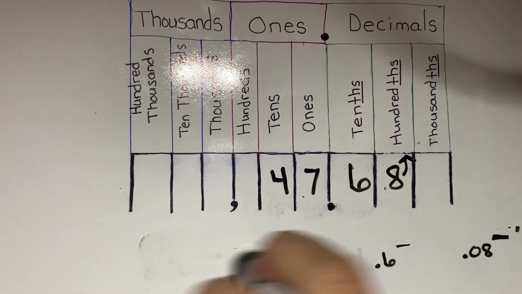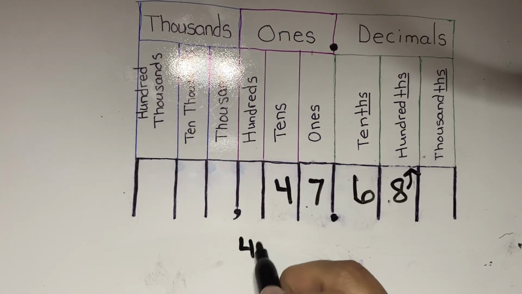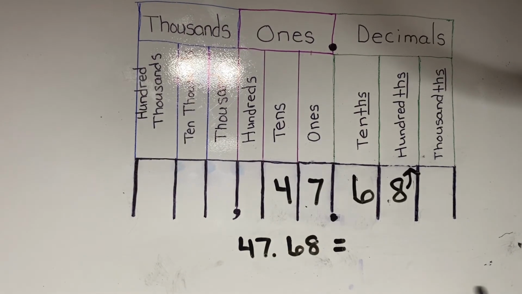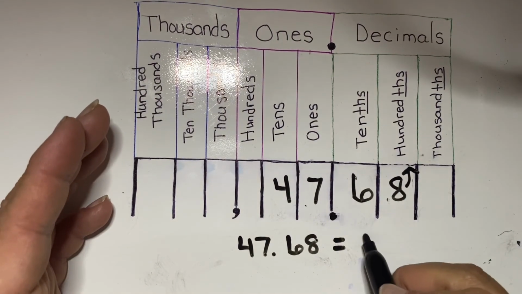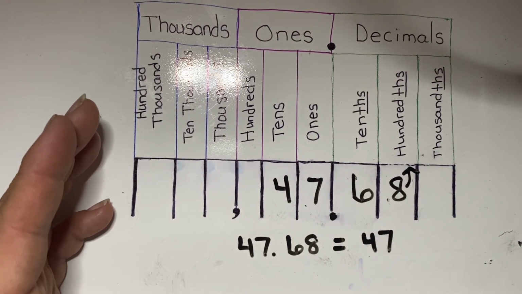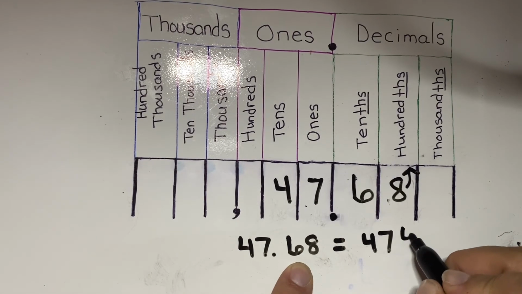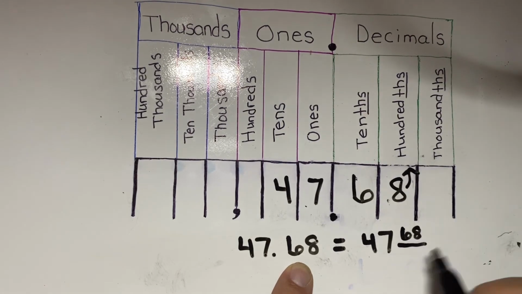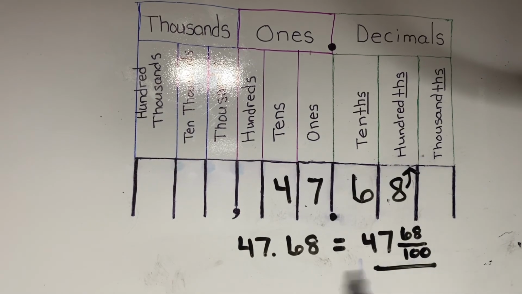If I have a decimal that's 47 and 68 hundredths, I know I have 47 wholes of something. And here I've got 68 pieces, 68 parts out of 100. Here's my fraction, here's my decimal.